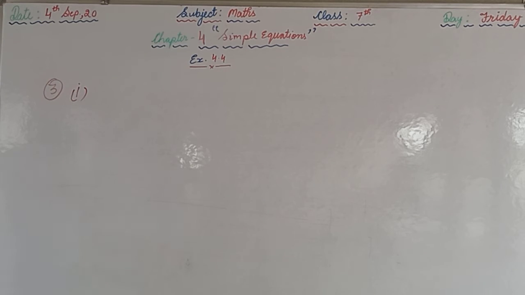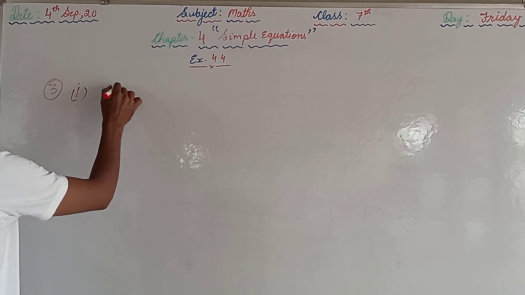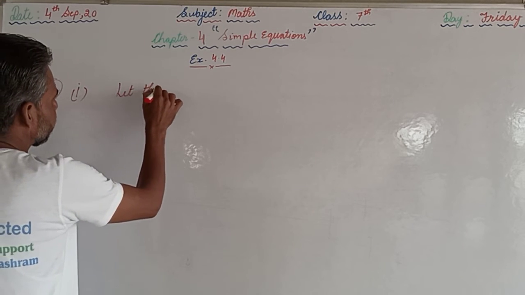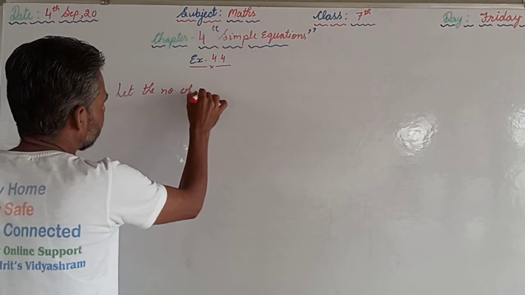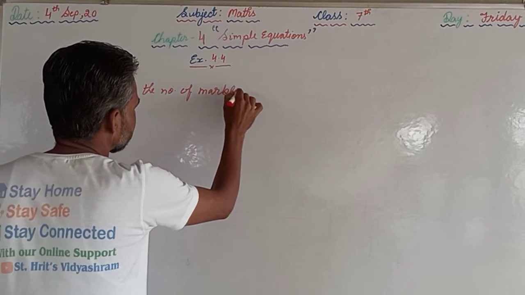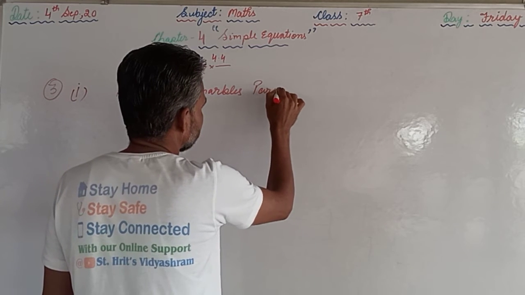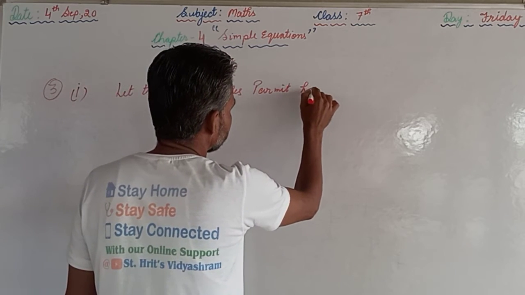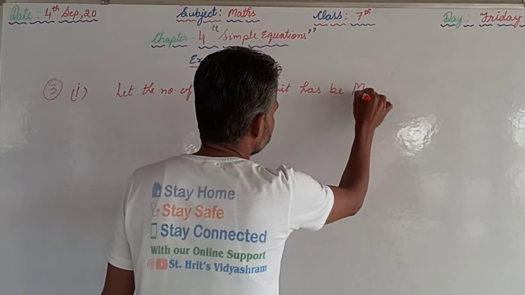Question 3, first part: Irfan says that he has 7 marbles more than 5 times the marbles Parmeet has. Irfan has 37 marbles. How many marbles does Parmeet have? Let the number of marbles Parmeet has be m.